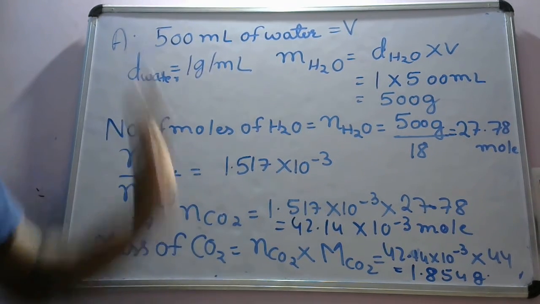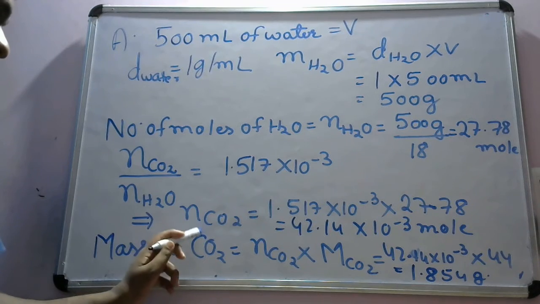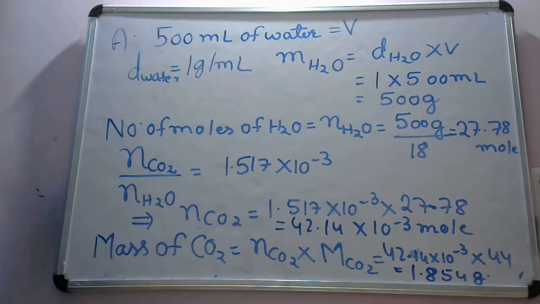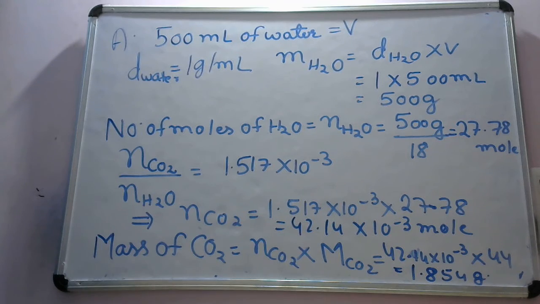Then we calculated the number of moles of H2O, substituted here, and the number of moles of CO2 was found out. Mass of CO2 is number of moles of CO2 into molar mass of CO2, and hence we got our answer. So that's all for this question. Thank you all.